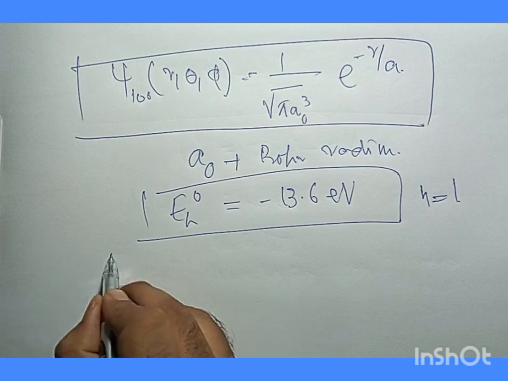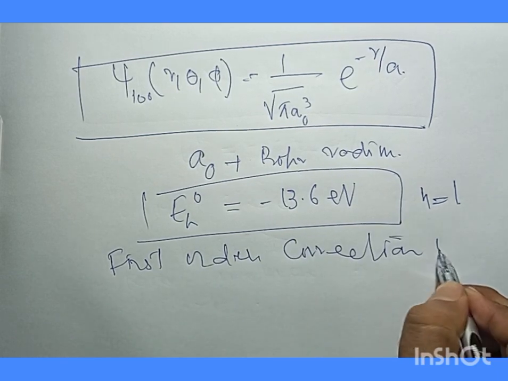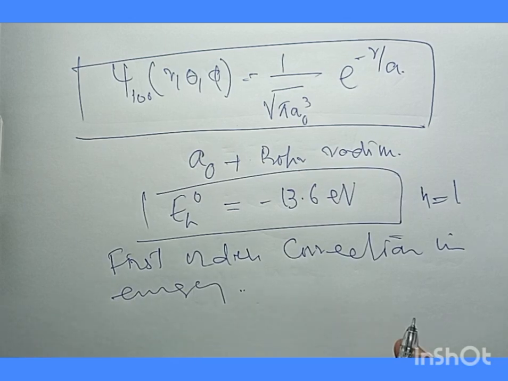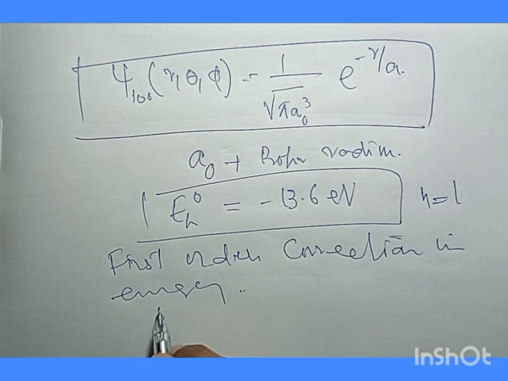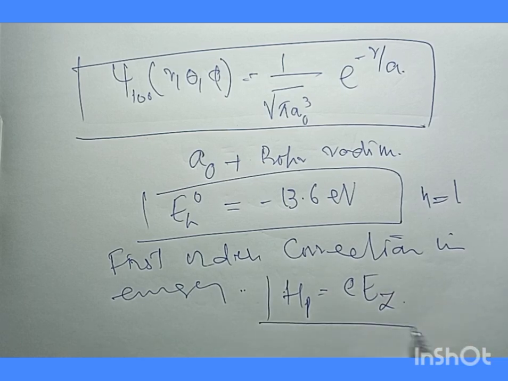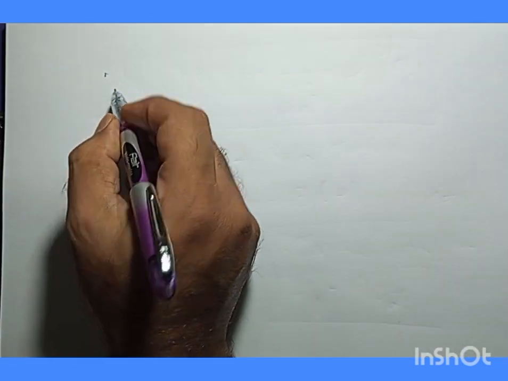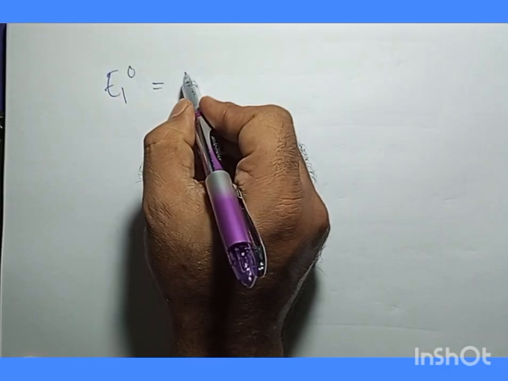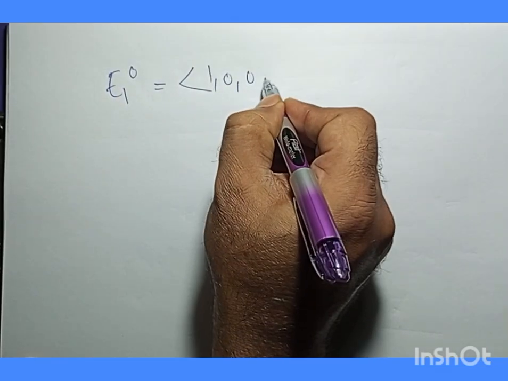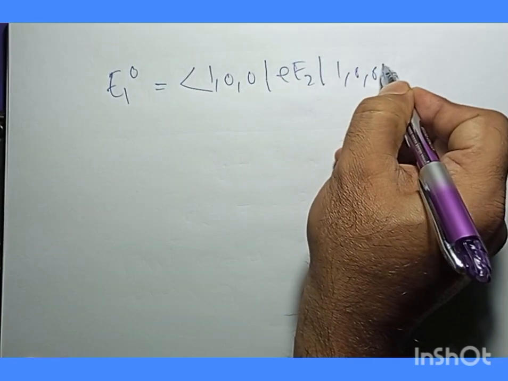Our perturbing Hamiltonian is eEz, so we will have the matrix element E1 equal to the bra 1 0 0, then eEz, then the ket 1 0 0.